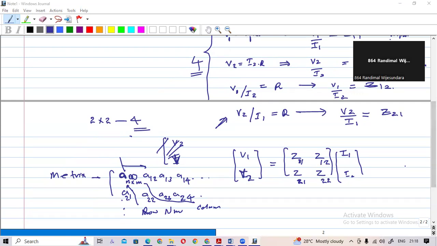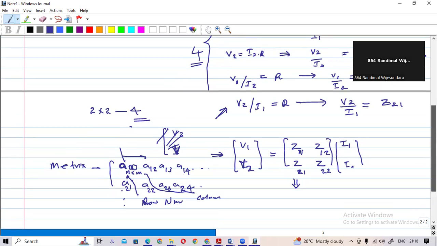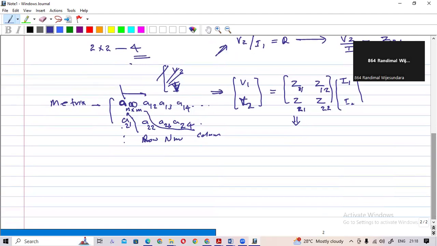So you can define this matrix like this, and this matrix can also be written in equation form.